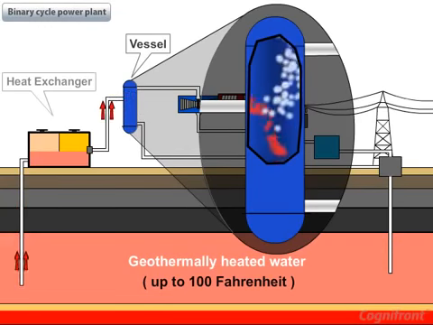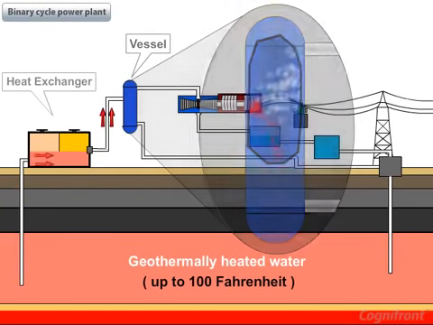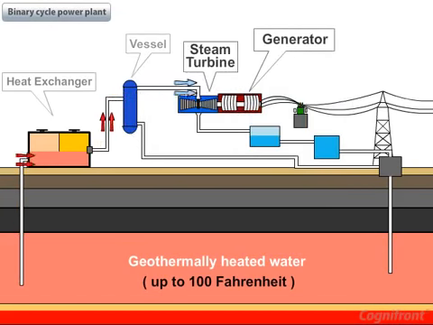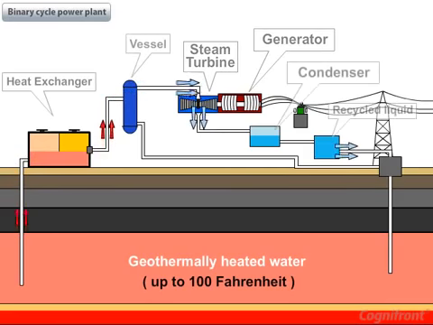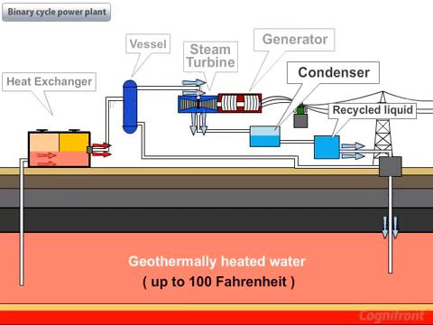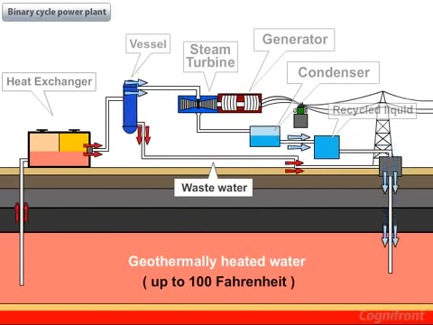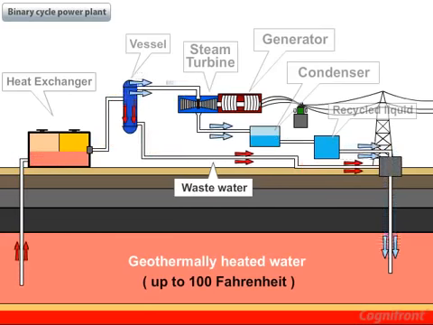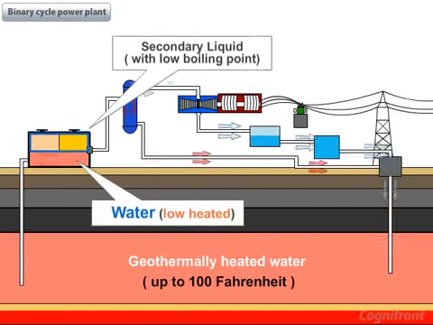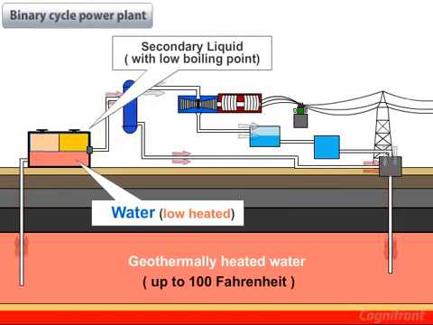A mixture vapor is generated and it runs the turbine. The mixture vapor is cooled by the condenser and the liquid is recycled. Wastewater is injected back into the earth. As this power plant requires two liquids, water and secondary liquid, it is called a binary cycle power plant.